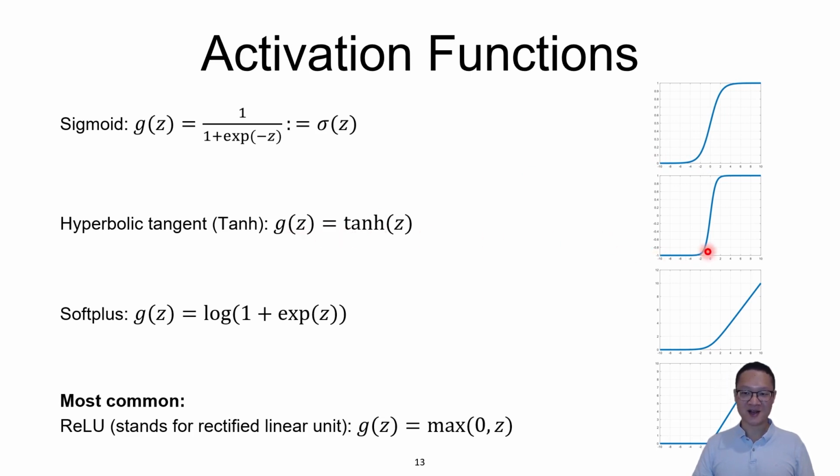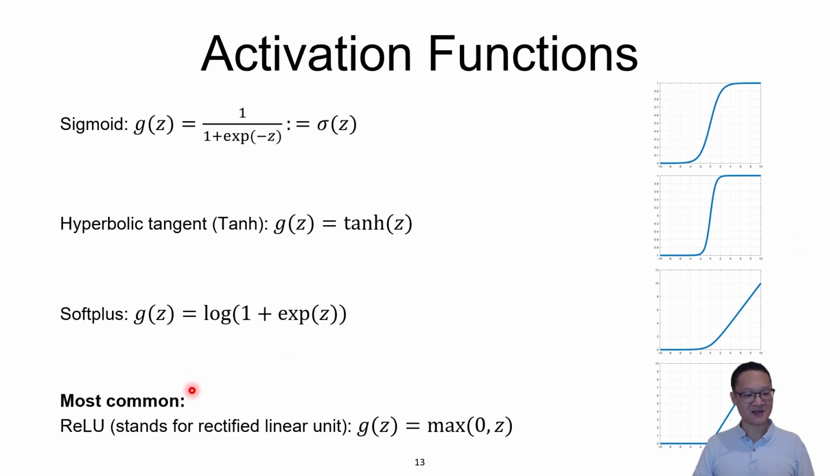Similar idea, except that you squash everything to between -1 and 1 instead of 0 and 1. Softplus, which is log of 1 plus exponential of z. This basically looks like a smoothed angle. Everything negative will get mapped to almost 0, and then it smoothly transitions to a linear function.